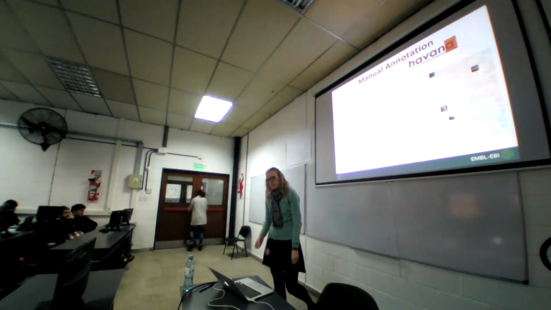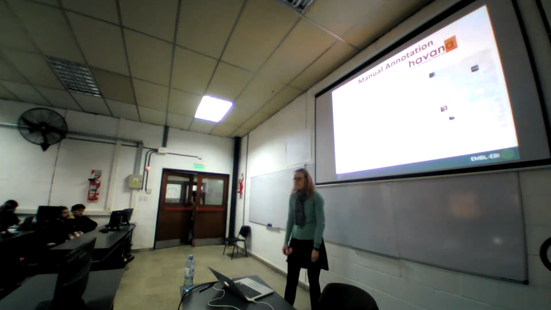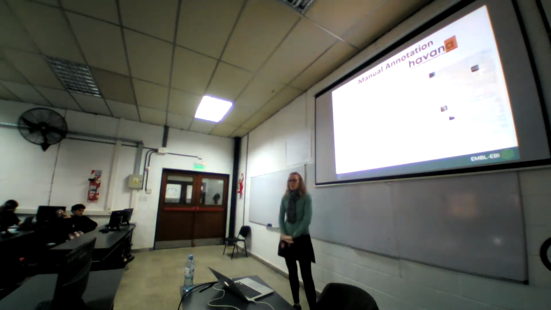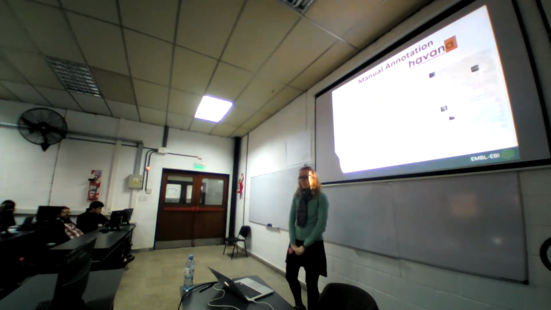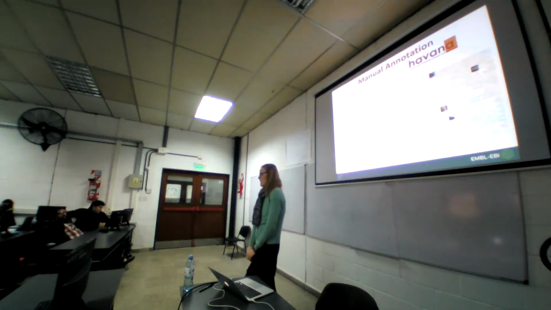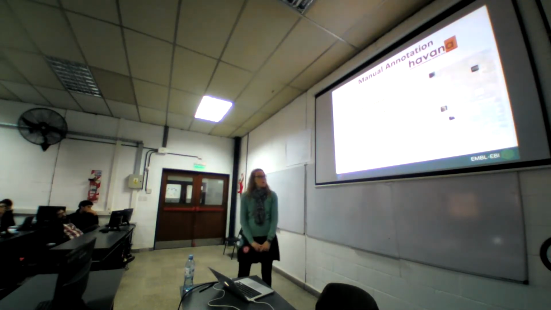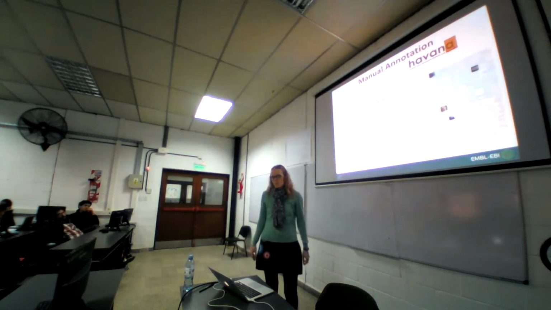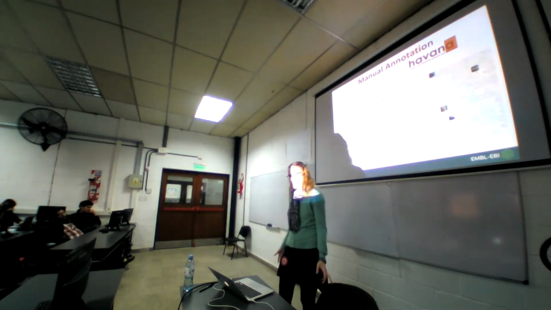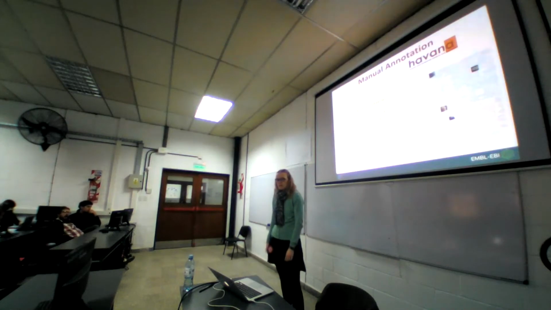The manual annotation done by the Havana team is also done on a genome-wide scale. This involves a group of people who look at sequence data, read papers, and use a variety of sources from public databases to annotate the genomes.